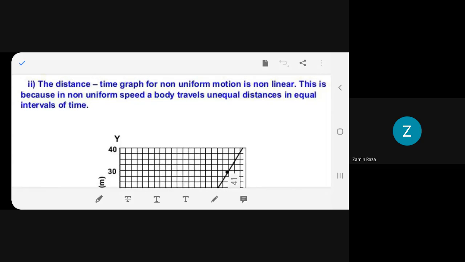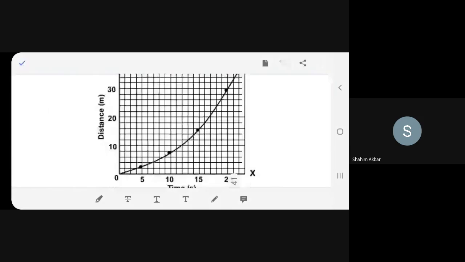Please read. The distance time graph for non-uniform motion is non-linear. This is because in non-uniform speed a body travels unequal distances in equal intervals of time. Fine. Let's check the graph.